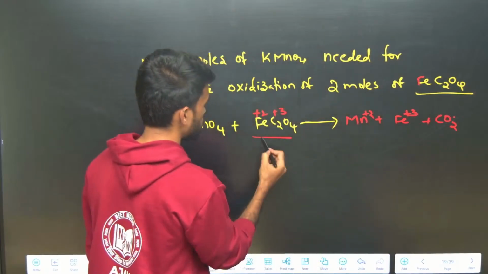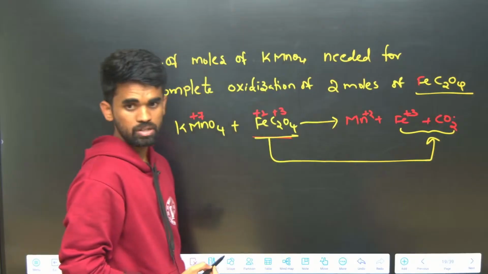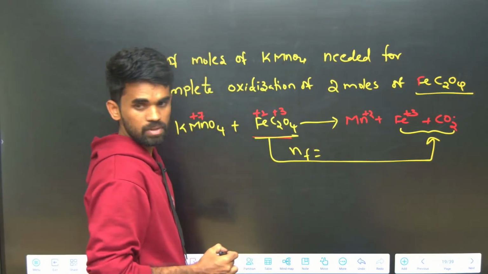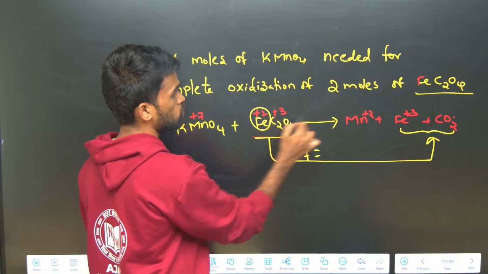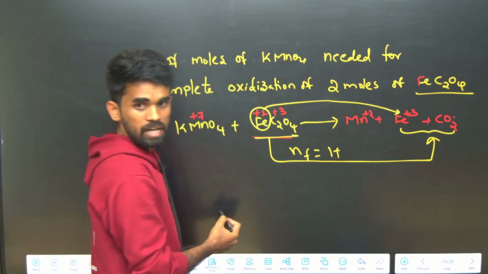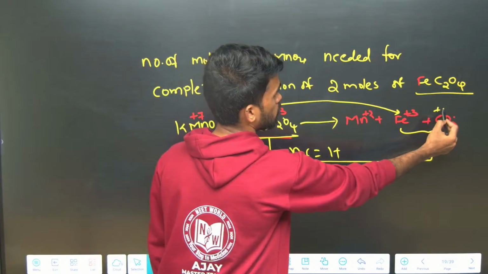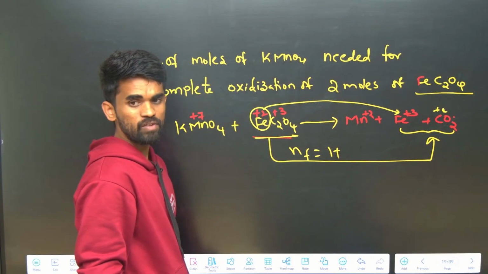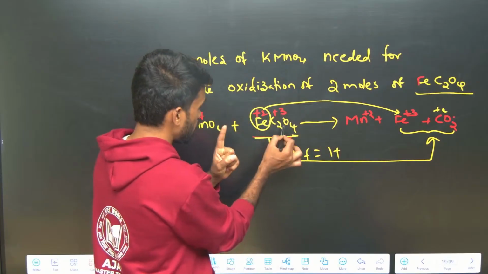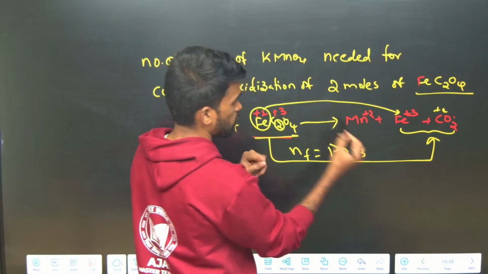So here this ferrous oxalate is completely undergoing oxidation. So what is the n factor change in this oxidation process? See, iron from +2 to +3 means n factor with respect to iron will be 1, and carbon from +3 is converting into +4. It means the n factor change is 1 for each carbon, 2 carbons are there, so 2. So n factor total will be 3.